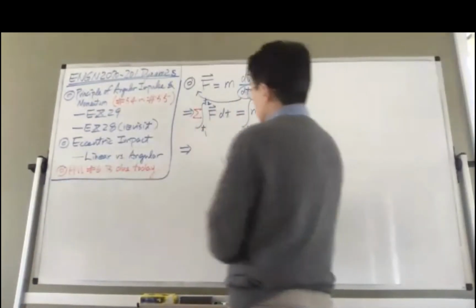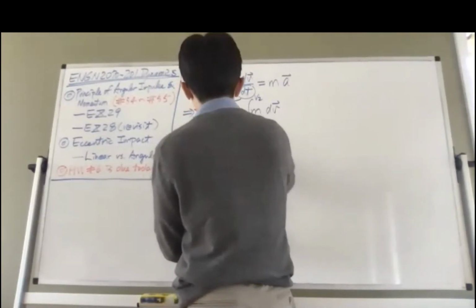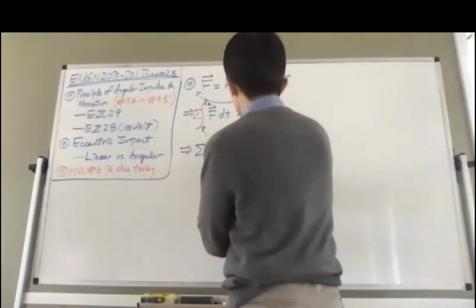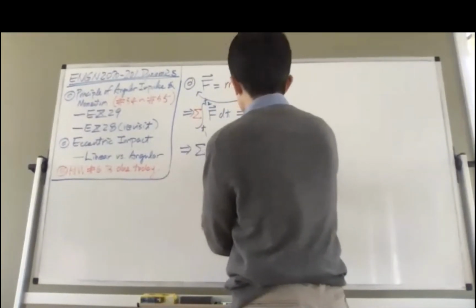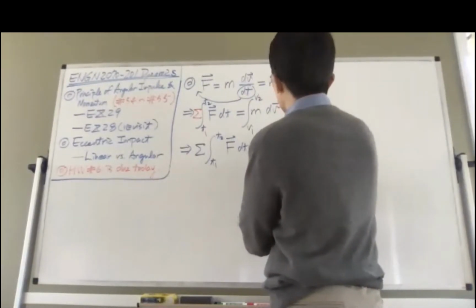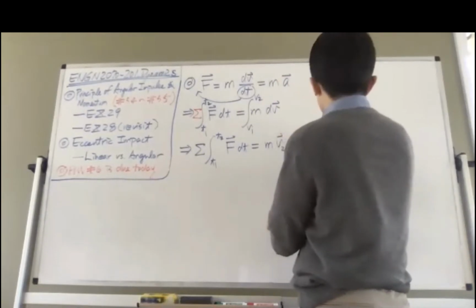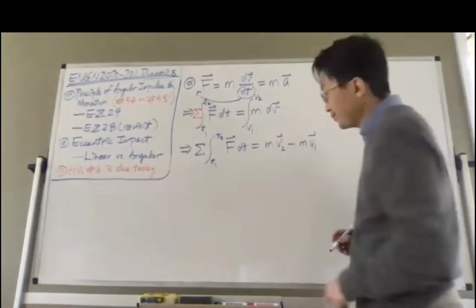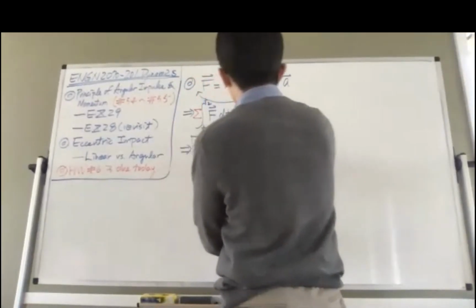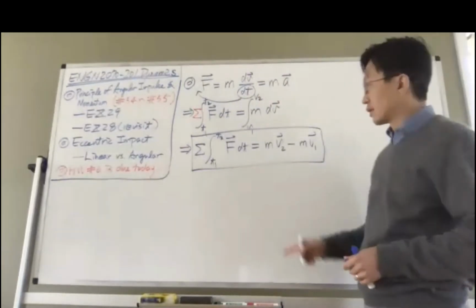This will lead to the familiar form of what we call the principle of linear impulse and momentum, which is just the summation of the integral of F dt from t1 to t2 equals m times v2 minus m times v1. So this is what we have.